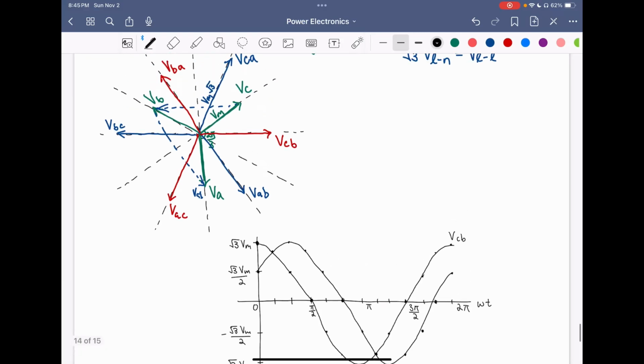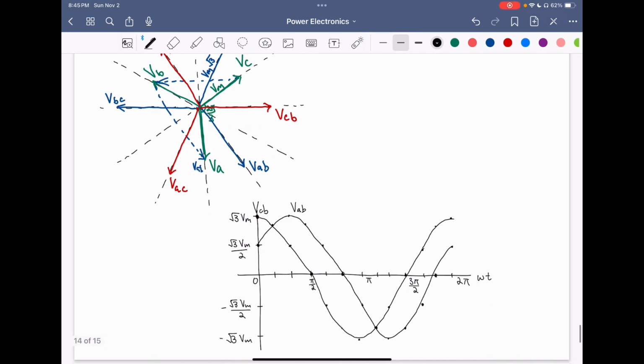So this here is our VAB. Let's draw this. VCB is here. And yeah, let's keep that. So the peaks will label.